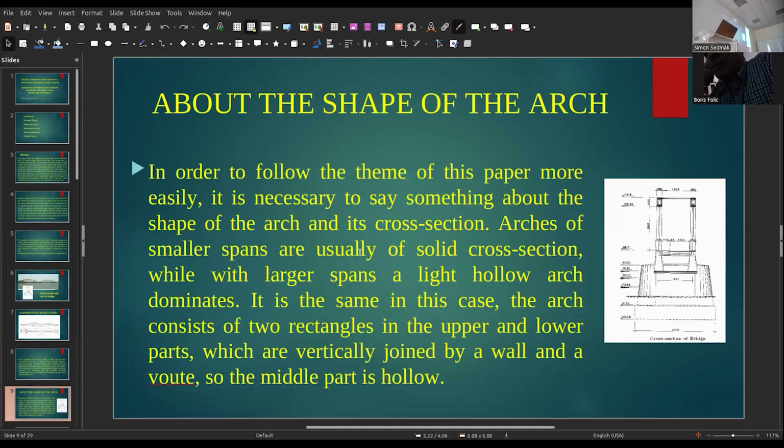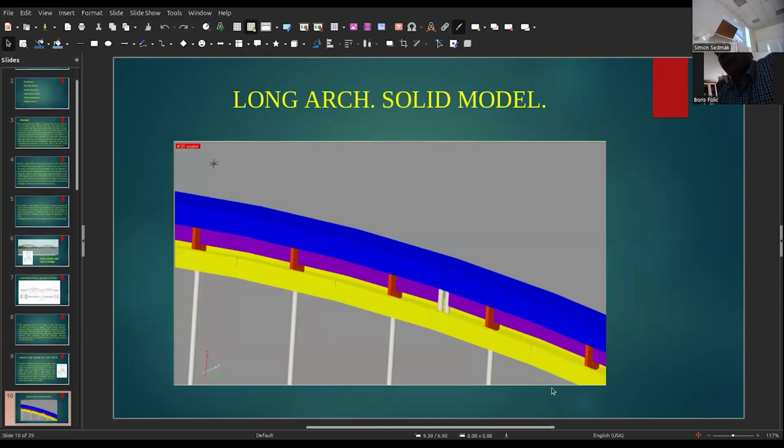Arches of smaller span are usually of solid cross-section, while with large spans the light hollow arch dominates. It is the same in this case. The arch consists of 2 rectangular parts, upper and lower, which are vertically jointed by a wall. So the middle part is hollow.